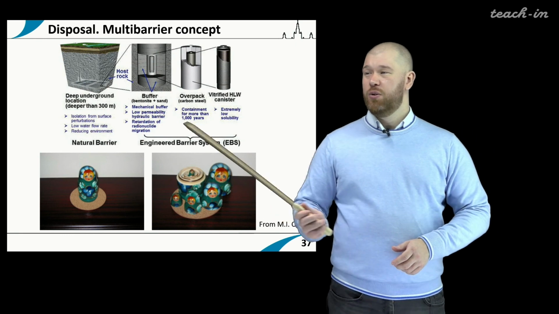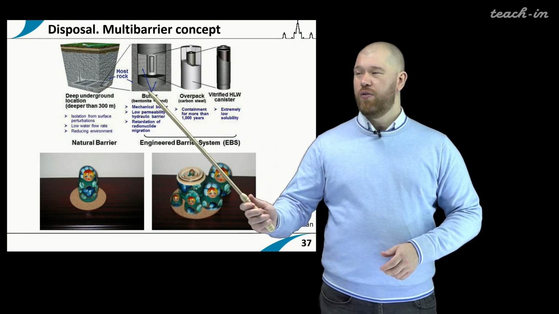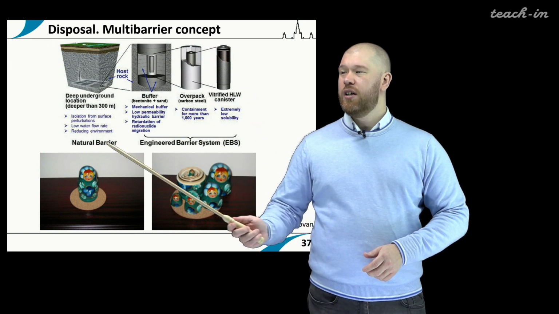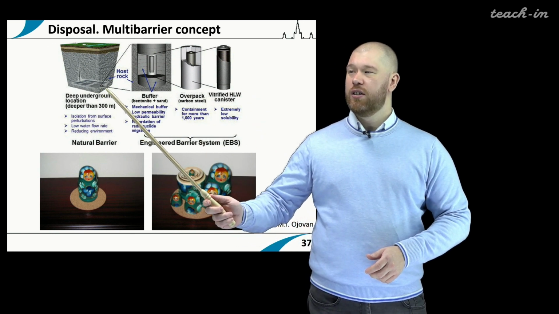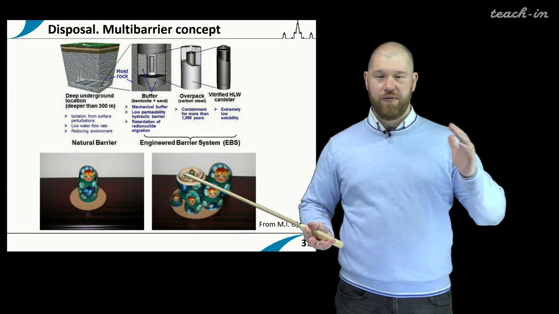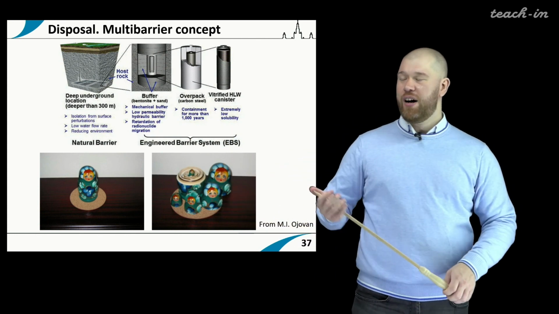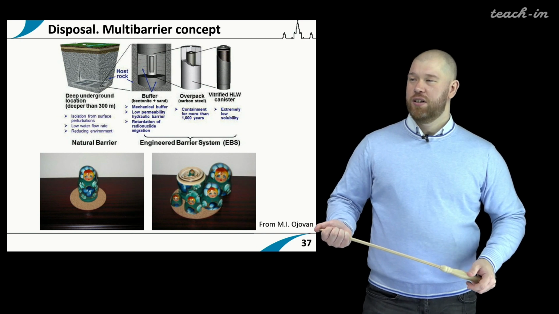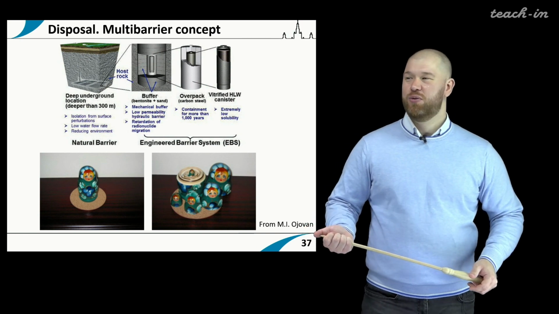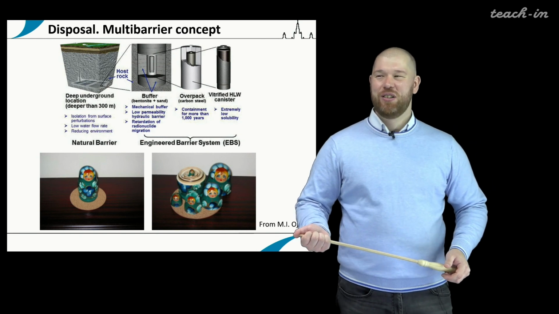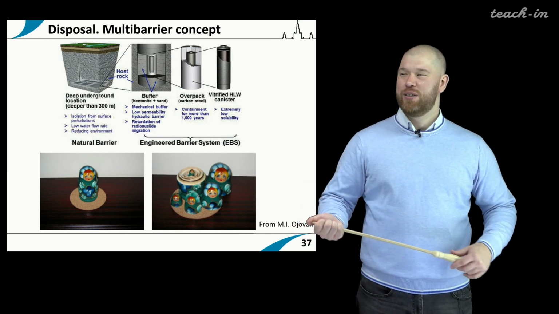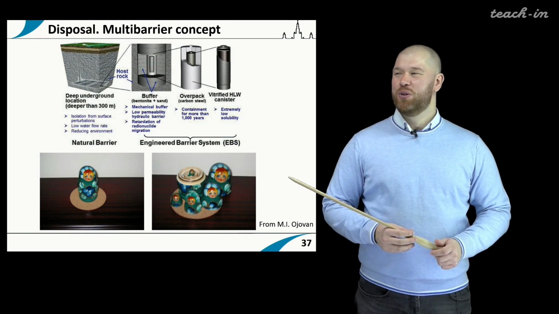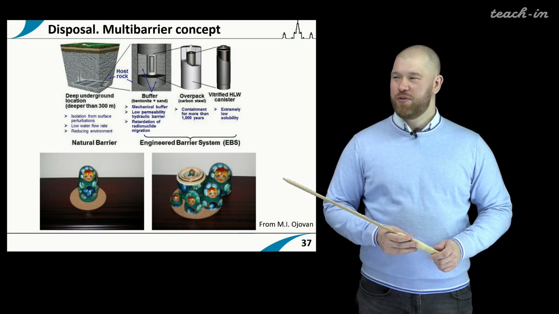And then, so it is 1, 2, 3 barriers. They're called engineered barriers. And then the natural barrier is the host rock with a thickness of, let's say, 500 meters. And it's quite a lot of material for radionuclides to go through to reach the biosphere.